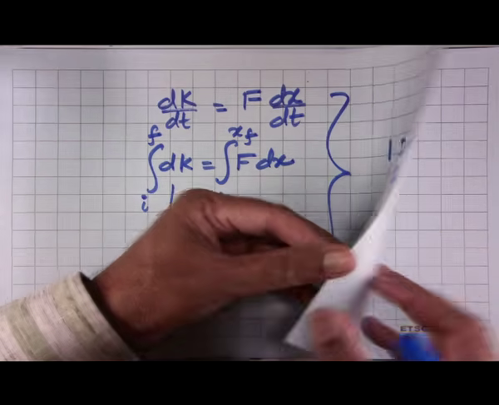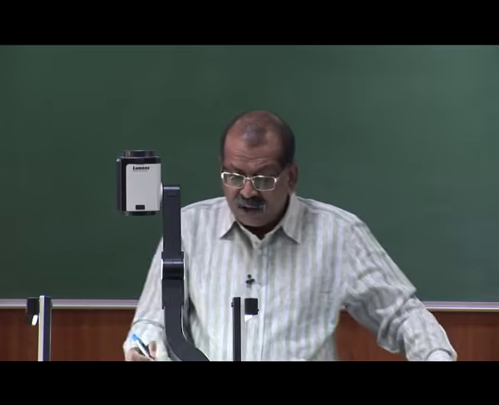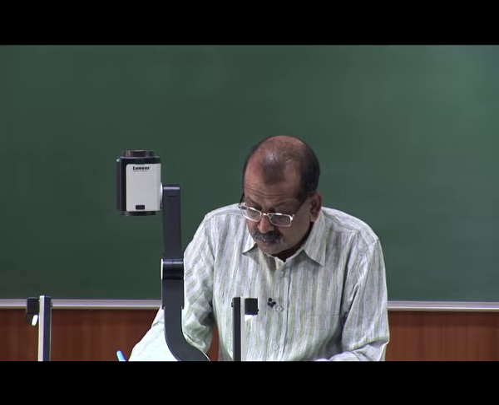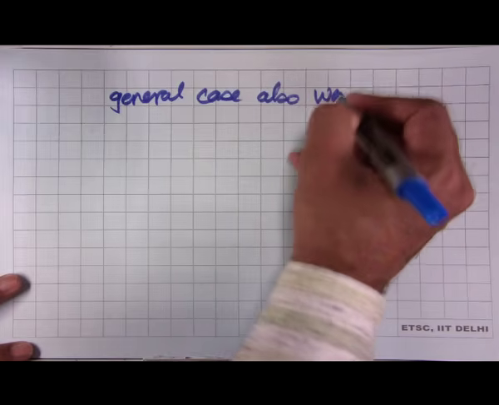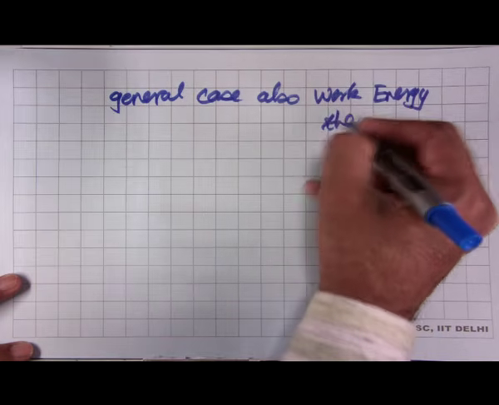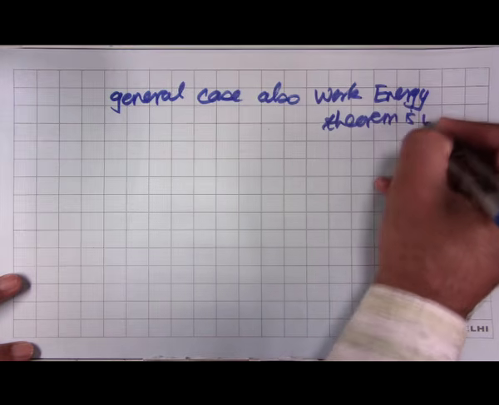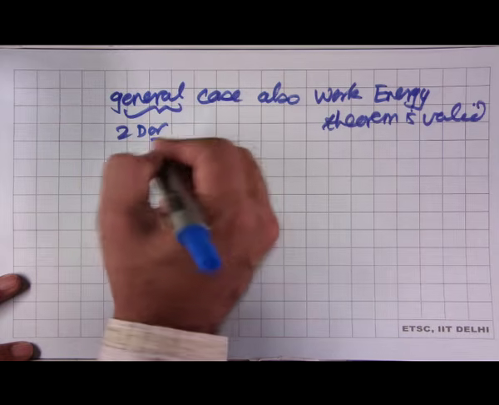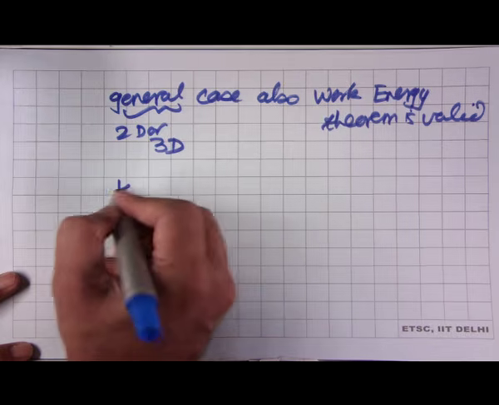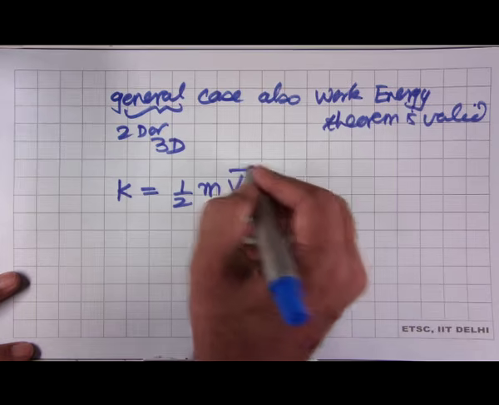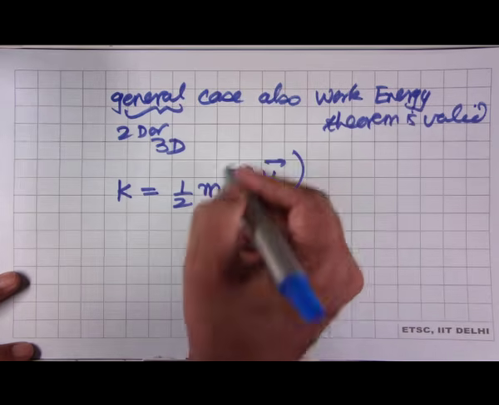For general three dimensional motion, the work energy theorem is also valid, and by general I mean 2D or 3D motion. Here we will use, if we have a general case, K is equal to half m v dot v.